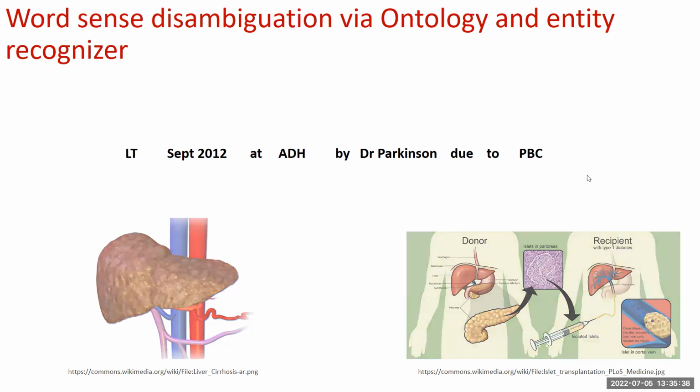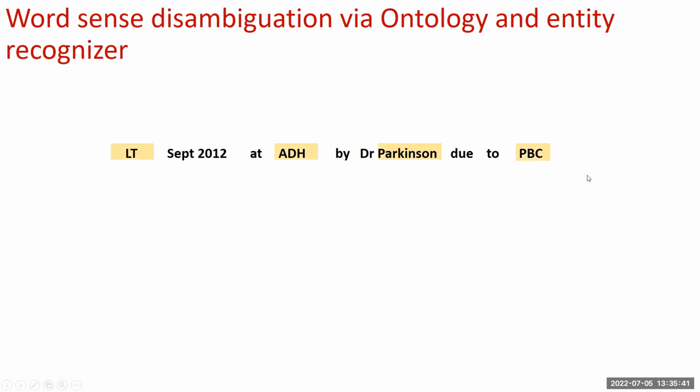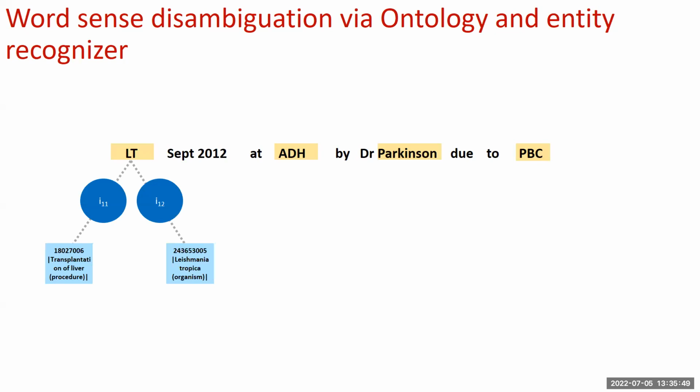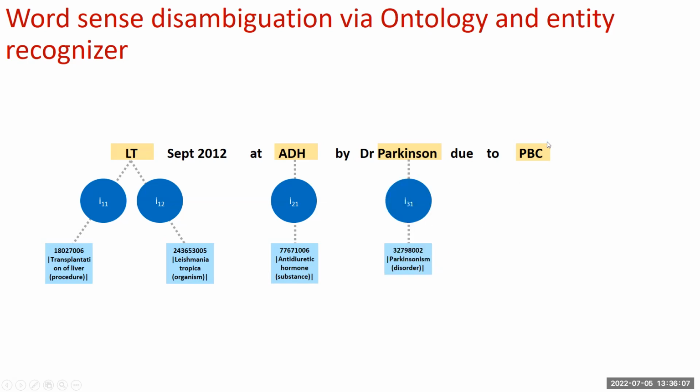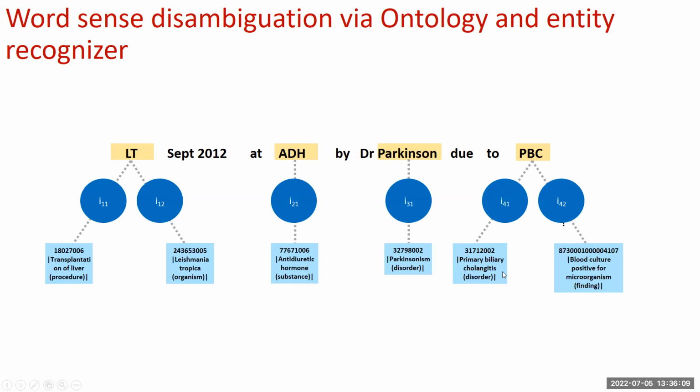But a simple approach to text understanding just by concept matching really provides a lot of fatal results. For instance, LT will be looked up in the lexicon as transplantation of liver, fine, but also Leishmania tropica, which is an organism. Or ADH, which is the name of a hospital, would be anti-diuretic hormone. Or Parkinsonism, or PBC could be primary biliary cholangitis, which is the right concept, but it could also be positive blood culture.